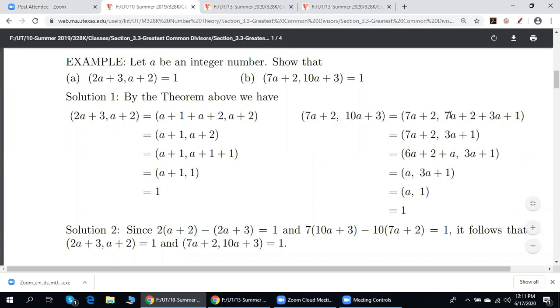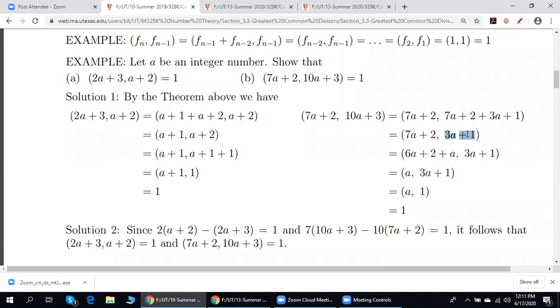Now, since here we have the same expression as here, we cancel out this by the theorem above. Done. Next, let us rewrite this as 3a plus 1 times 2, which is over here, plus the rest.